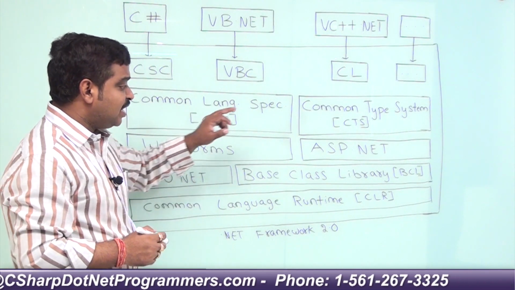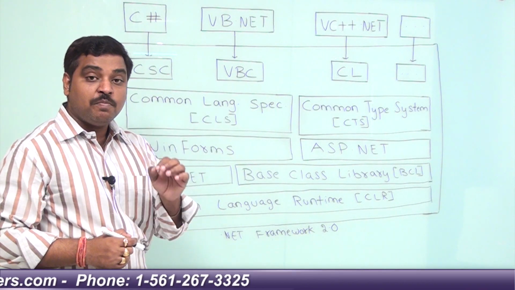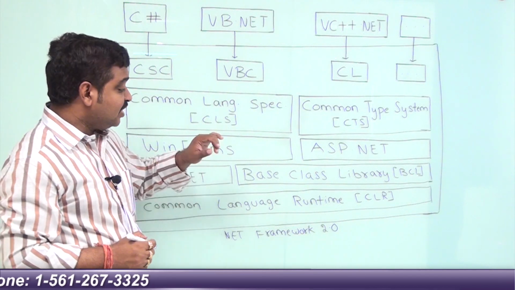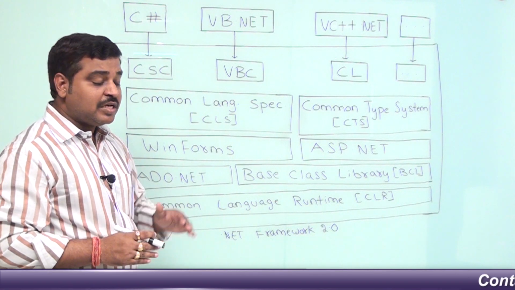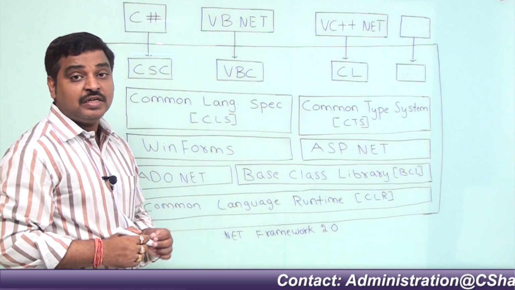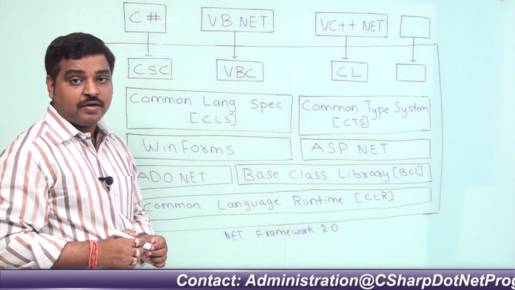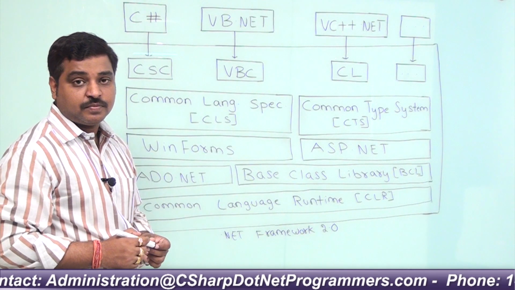Since WinForms and ASP.NET are specifications, they should be implemented with the support of a language. We can use either C# or VB.NET or any language that targets the .NET for implementing these specifications.